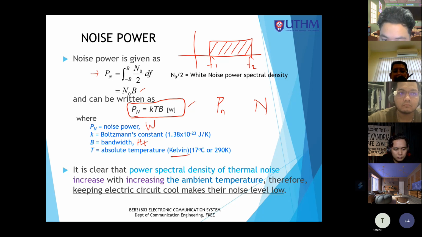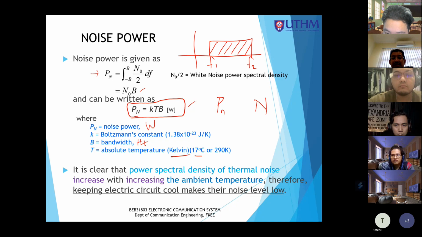Okay, dan perhatikan nanti kelas dalam syllabus kamu apabila disebut suhu bilik, dia menggunakan suhu bilik 17 darjah Celsius. Ini berdasarkan buku Wayne Thomasi. Okay, they use the ambient temperature of 17 degrees Celsius, which is not the ambient temperature in Malaysia. Okay, so nanti you akan lihat kebiasaannya dia menggunakan 17 degree Celsius ataupun 290 darjah Kelvin.